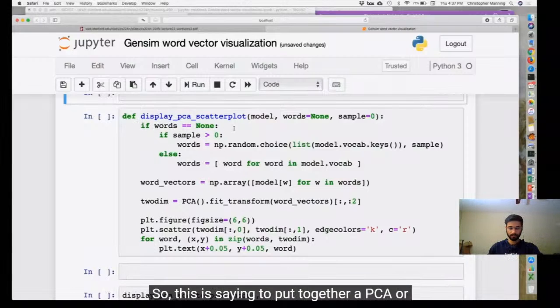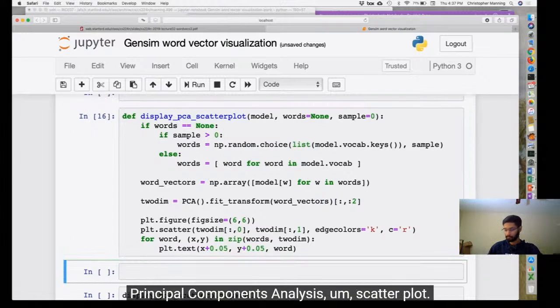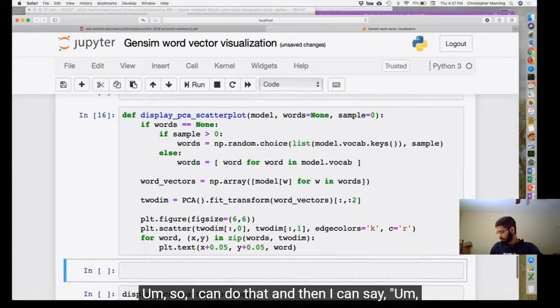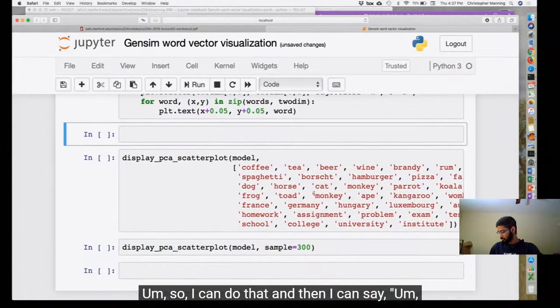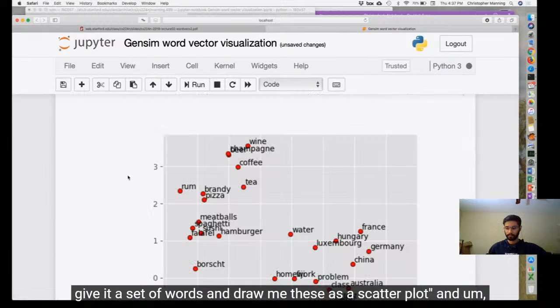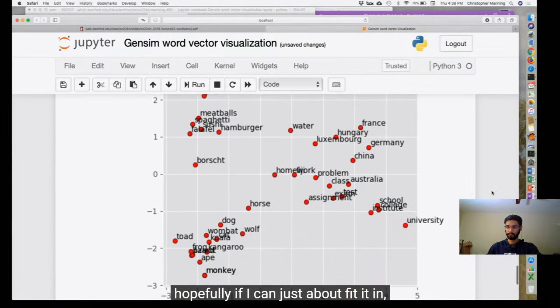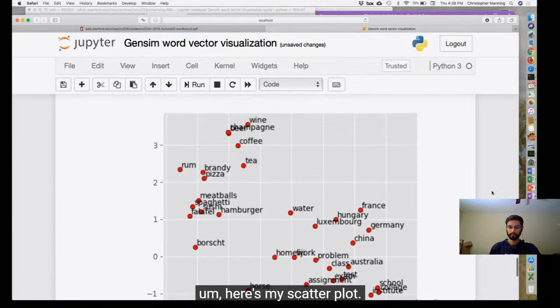So this is saying to put together a PCA, principal components analysis scatter plot. I can give it a set of words and draw these as a scatter plot, and hopefully, if I can just about fit it in, here is my scatter plot.